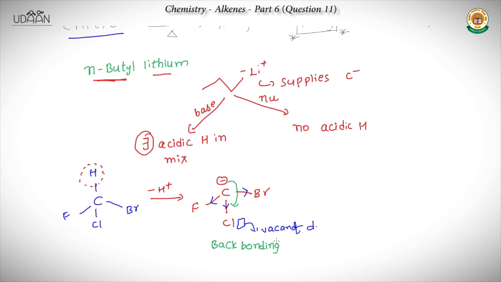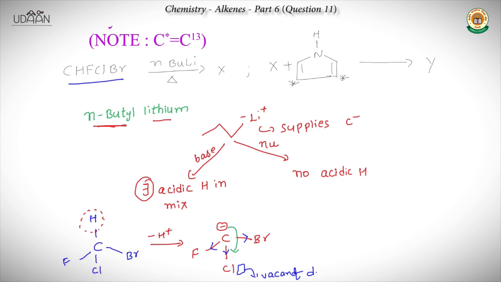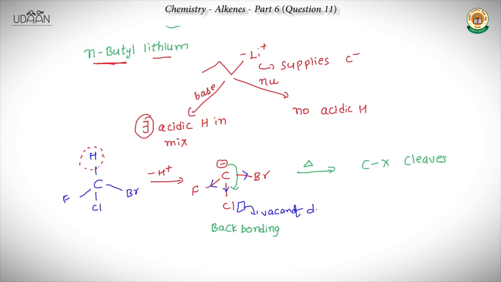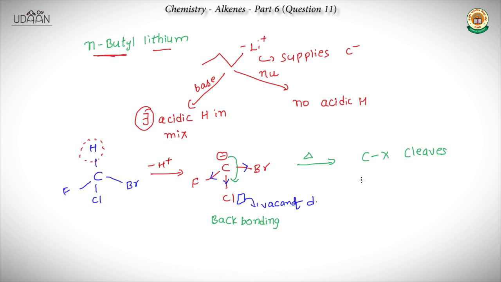Now, along with the reagent, we are also given that it's being maintained at a high temperature. Now, at this high temperature, the C-X bond cleaves. Now you have to decide which of the C-X bonds, that is the C-F, C-Cl or C-Br bond, cleaves.